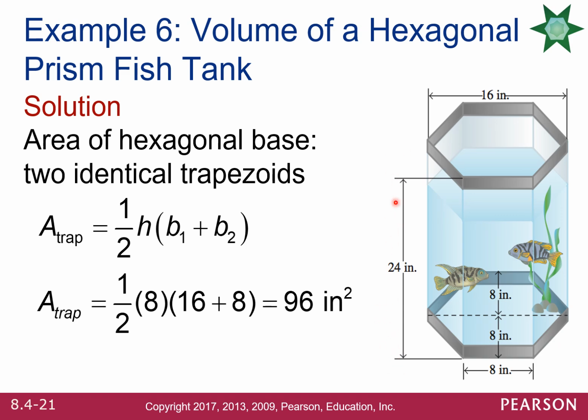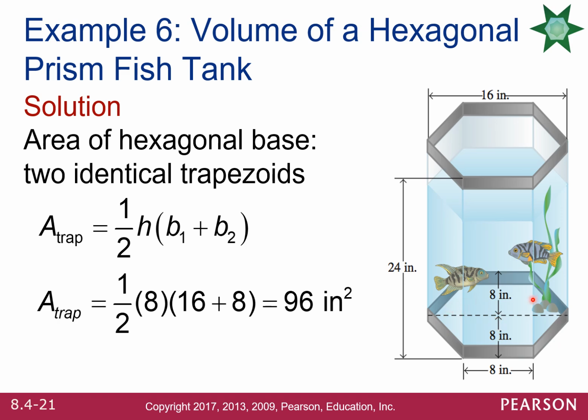That's the height of the entire tank. We're just focused on finding the area of the trapezoid at this point. So 8 inches, and B1 is this base, the longer base, 16, and then B2 is the shorter base, which is the one side of the hexagon, right? So when we do the calculation, we come up with a value of 96 square inches.